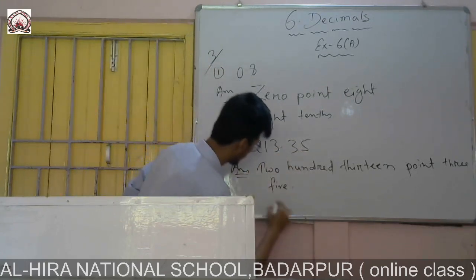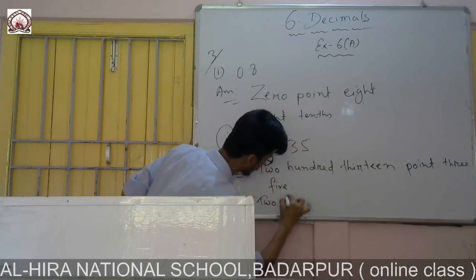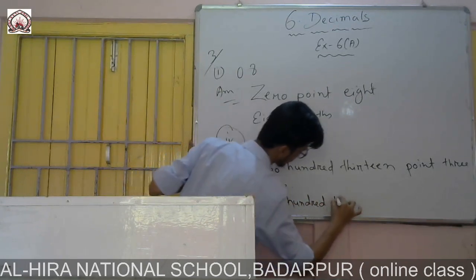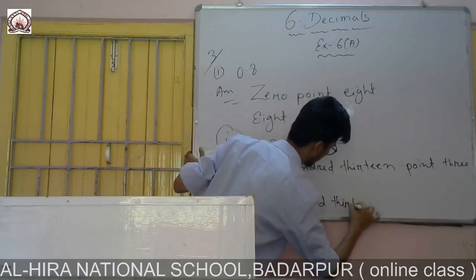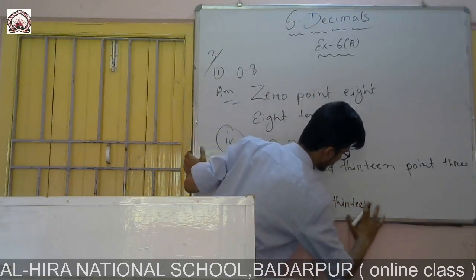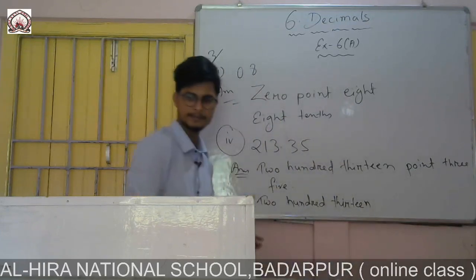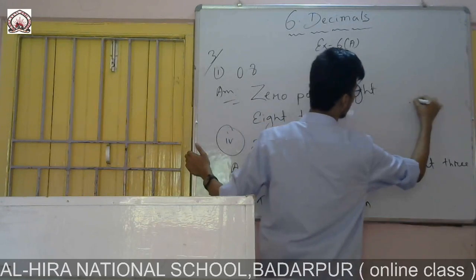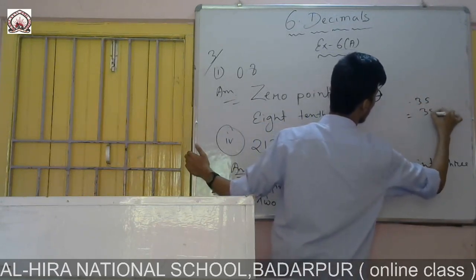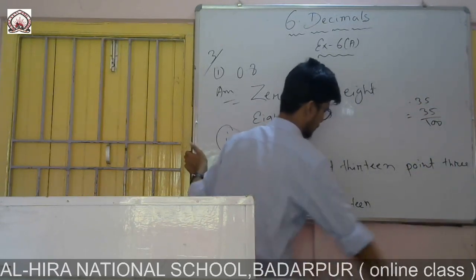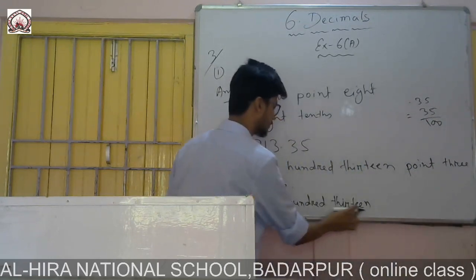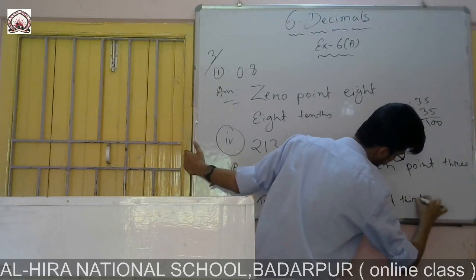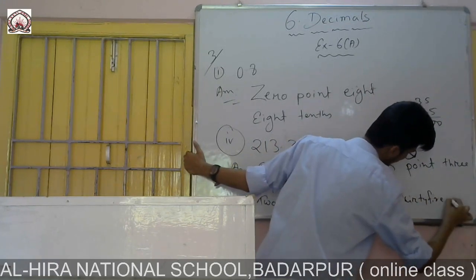First of all, I will write 213. And 35 hundredths is 0.35, which is equal to 35 by 100. So I can write it as 213 and 35 hundredths.